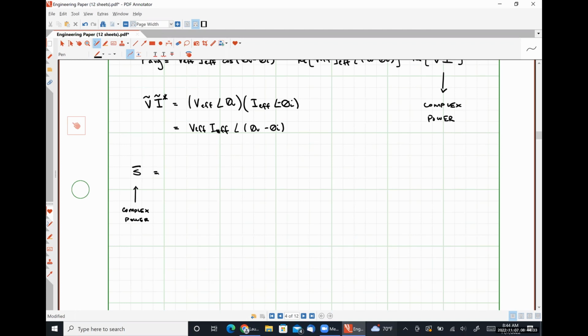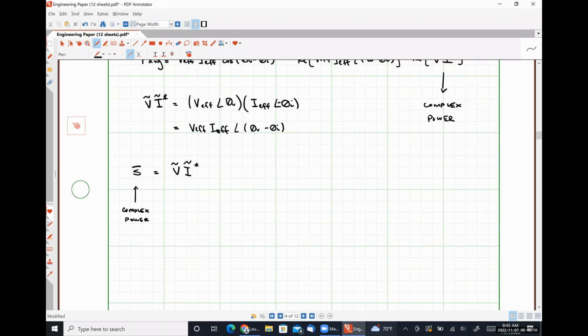It is equal to simply the product of the RMS phasor voltage across whatever we're interested in finding the power of, times the complex conjugate of the current flowing through whatever we're trying to find the power of, okay? So we have dimensionally volts RMS, which is just voltage, multiplied by amps RMS, just amps.